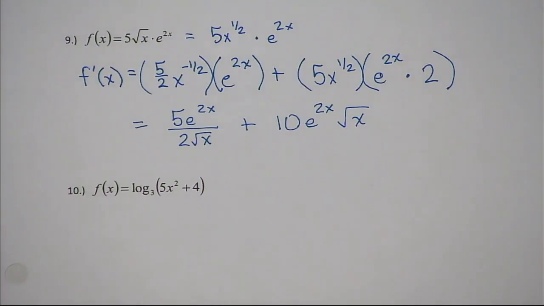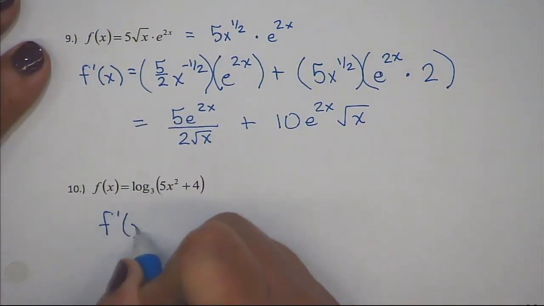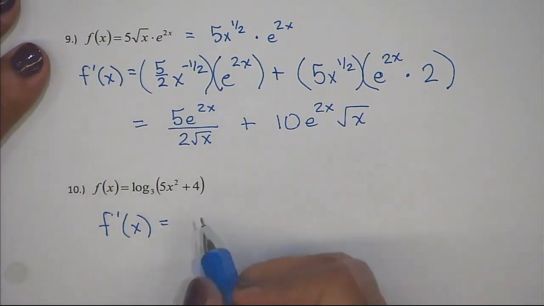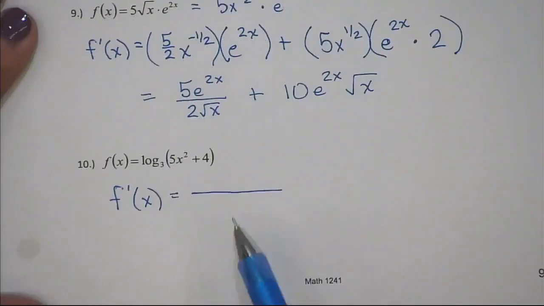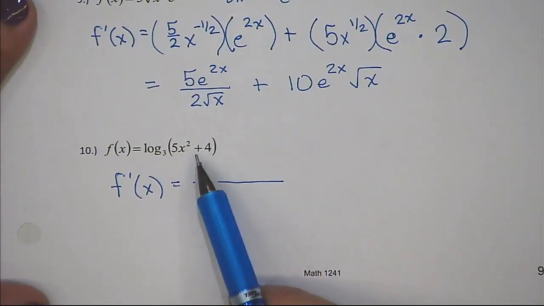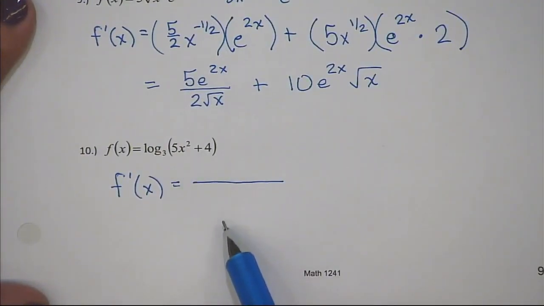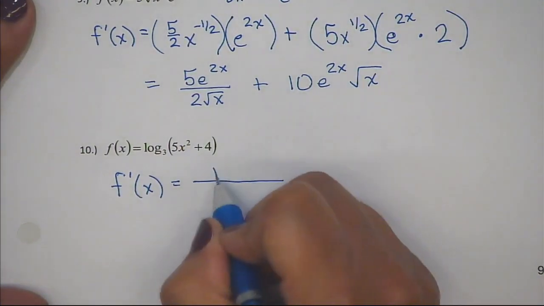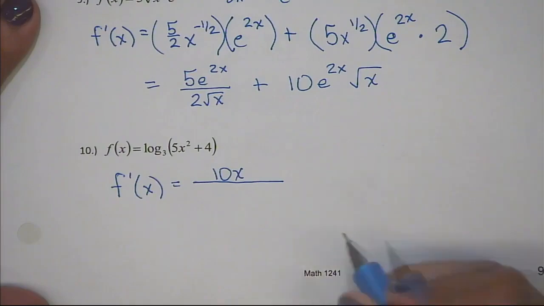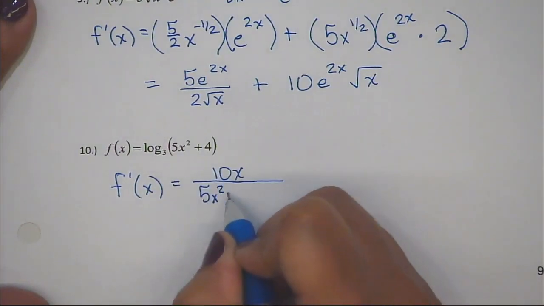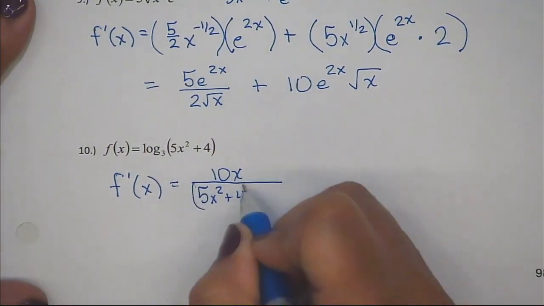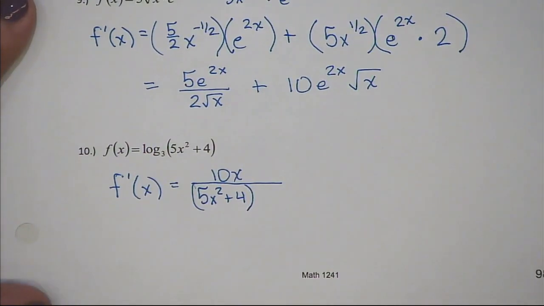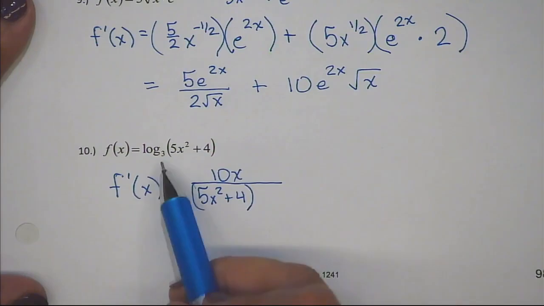So the same rule for natural log. So let's think about what that rule is. What if that was a natural log? If that was a natural log, what would we do? We would put the derivative on the top and the function on the bottom, right? Same thing. Derivative on the top, 10x, the function on the bottom, but we have to multiply by the natural log of the base because now the base is not e.